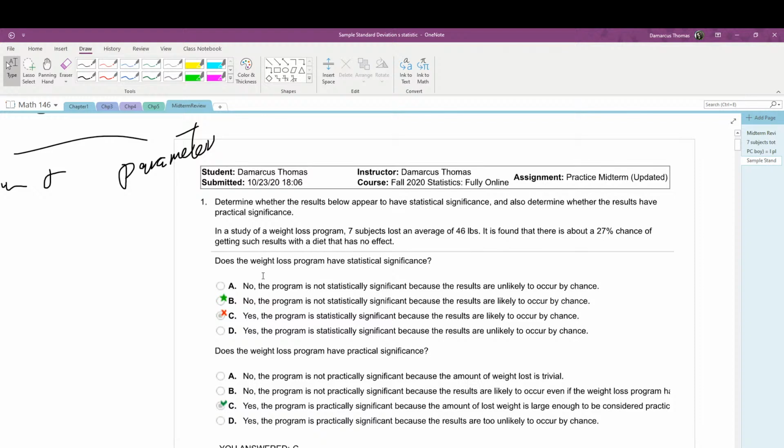Actually, 27% chance, that's kind of rare. I guess the takeaway from this is you need 5% chance in order to be statistically significant. 5% is always the threshold in statistics. It is a critical number.